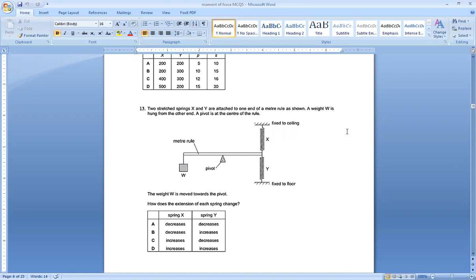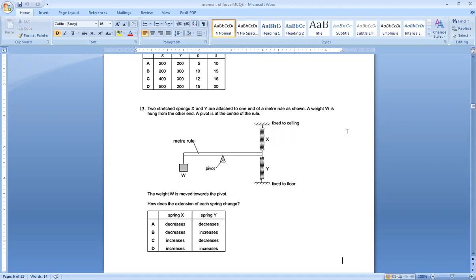Again, in the beginning it was balanced. As we move W towards the pivot, its moment decreases, its downward or anti-clockwise moment decreases. In other words, comparatively the clockwise moment increases.